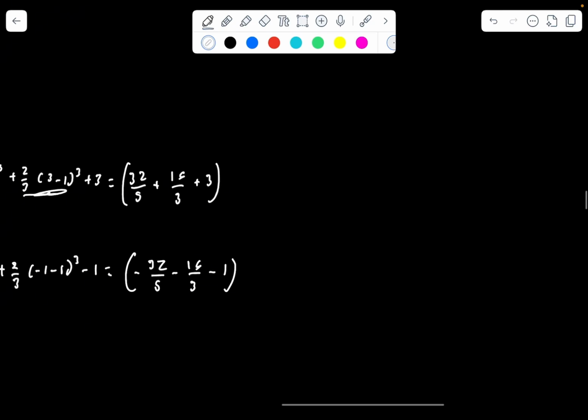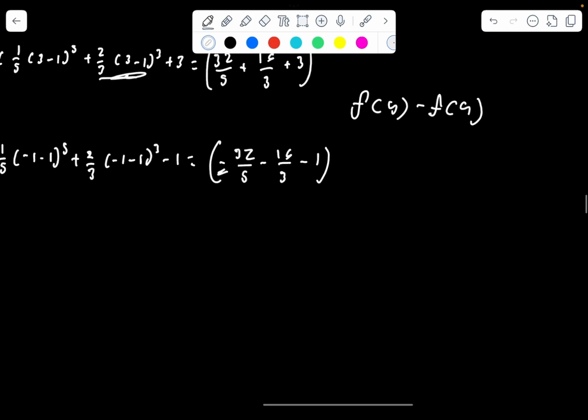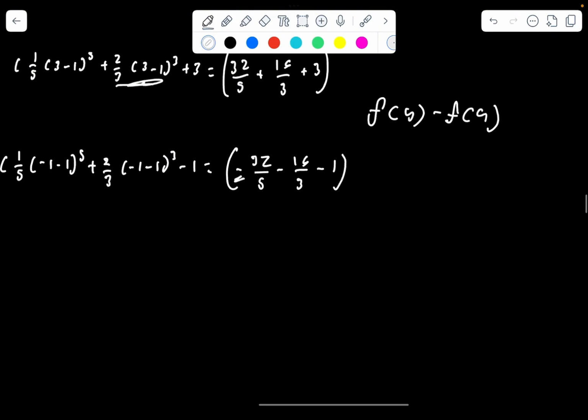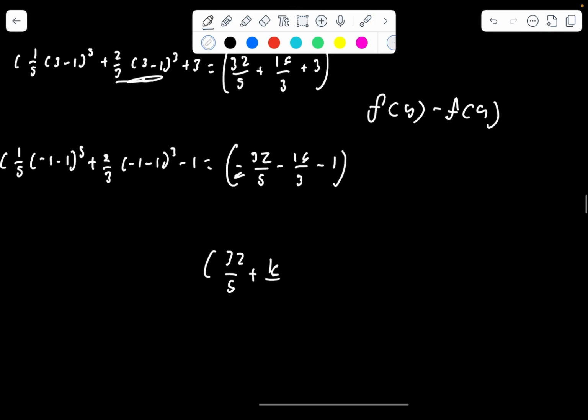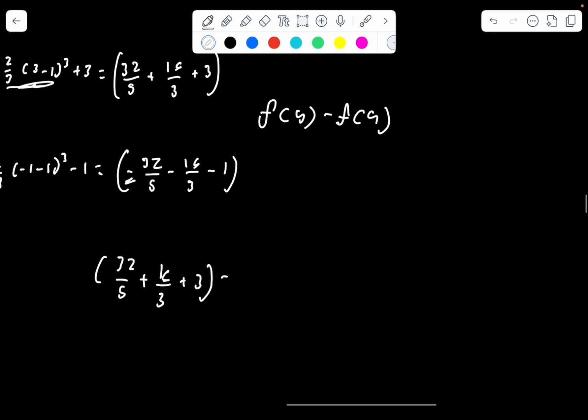So using our f of b minus f of a, after that you can now go ahead and evaluate 32 over 5 plus 16 thirds plus 3 minus negative 32 over 5 minus 16 over 3 minus 1.